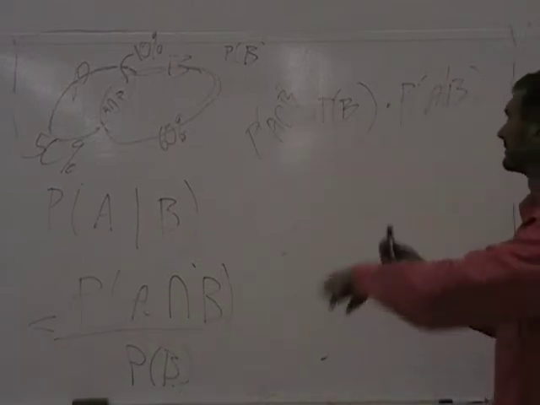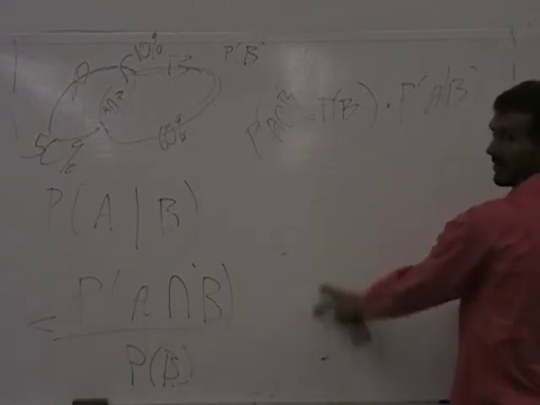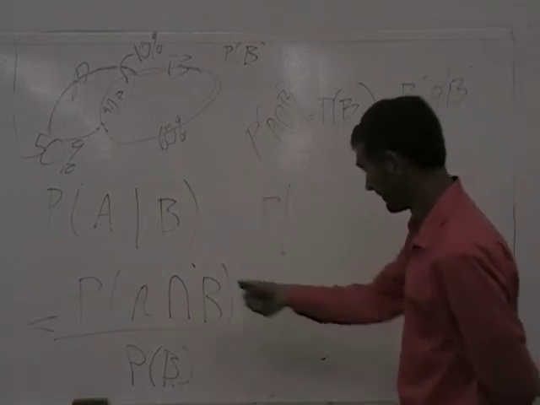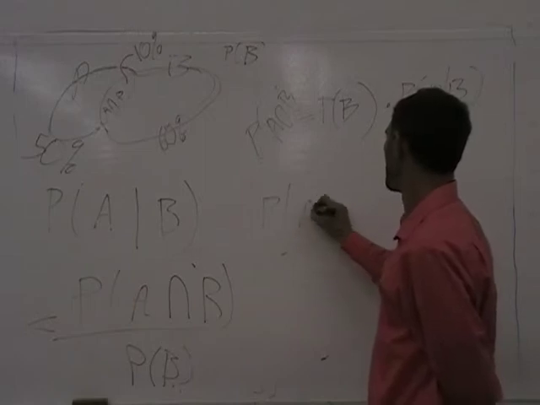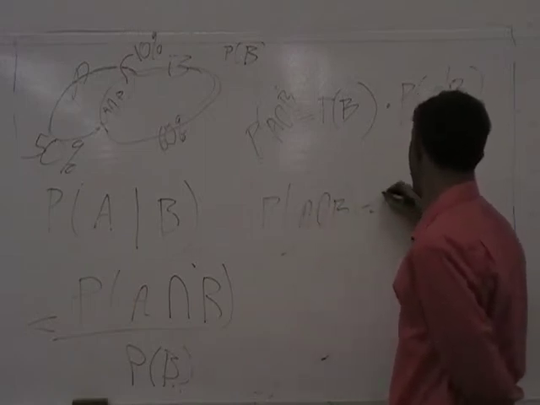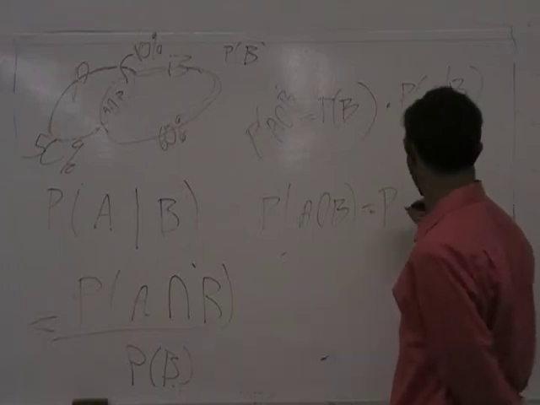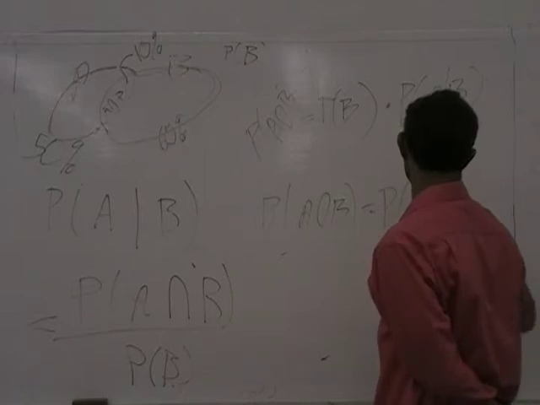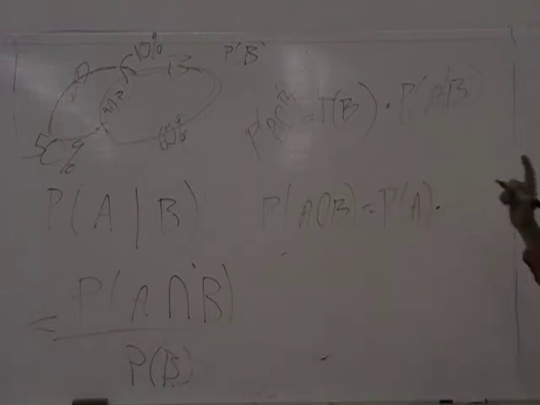Now I do it for the other conditional probability. The probability of the same intersection, A intersect B, is the probability of A times the probability of B given A.